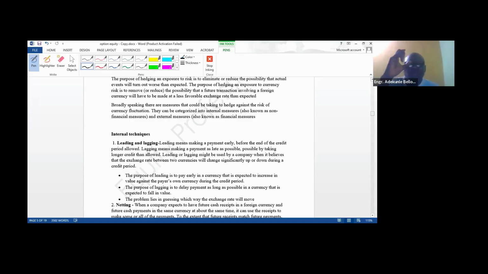Under the internal measures, we have leading and lagging.